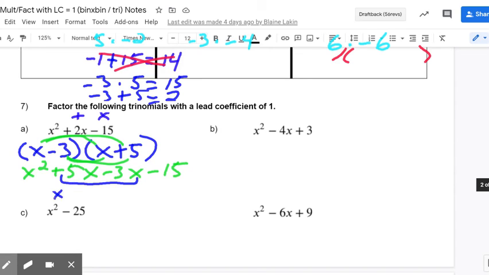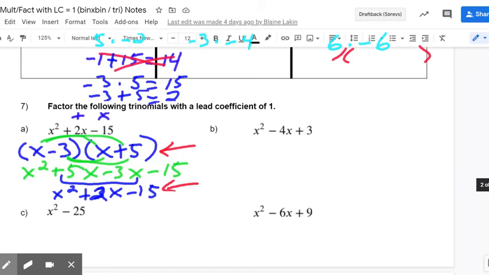So that becomes x squared plus 5x minus 3x minus 15, which is x squared plus 2x minus 15. So that's just proving that these two binomials do multiply to get you to the original trinomial.